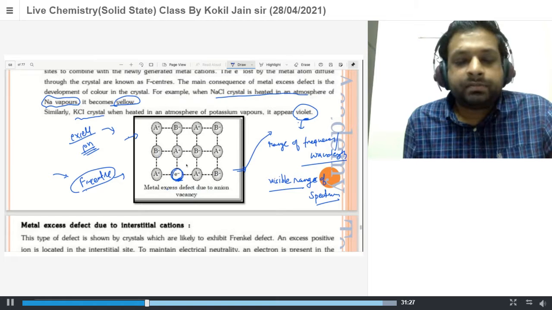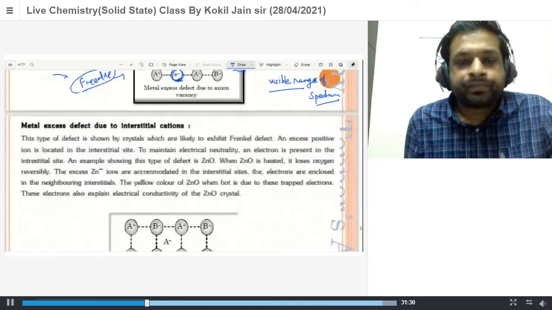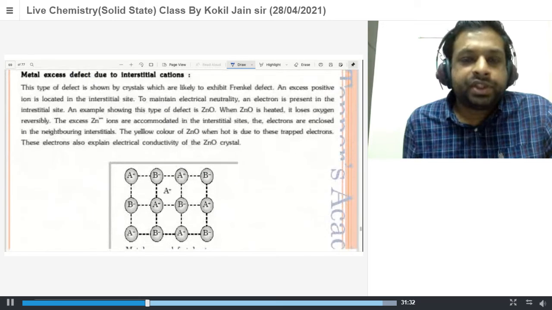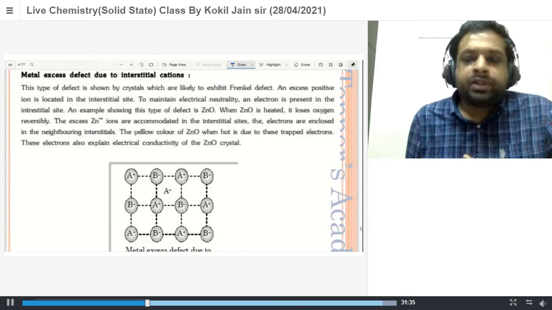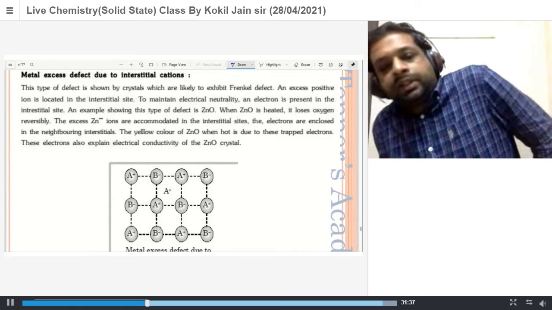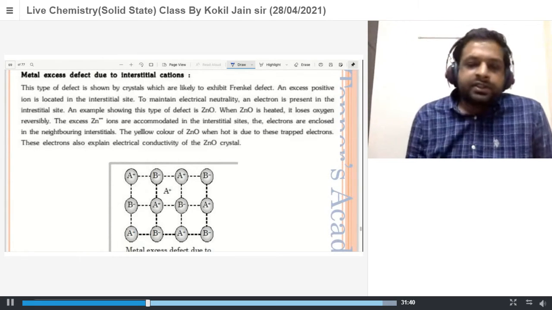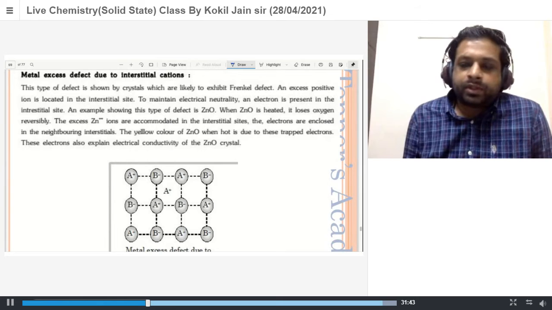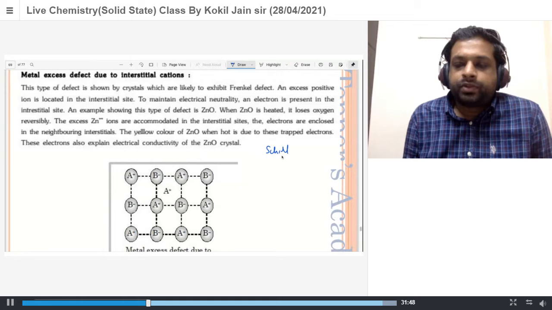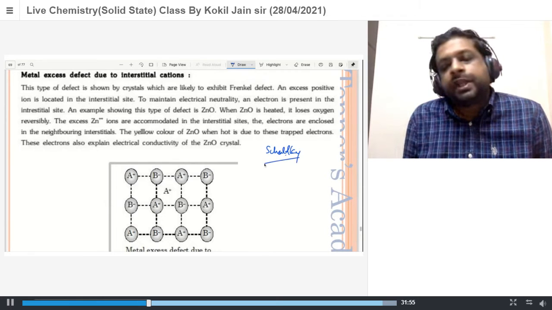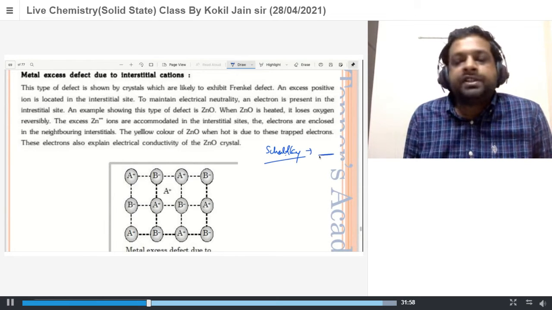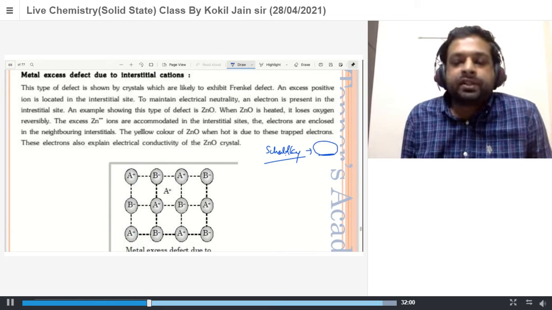Now, let's see metal excess defect due to interstitial cation. In this crystal defect, we saw in Schottky defect that there was a vacancy here and the metal cation was absent.